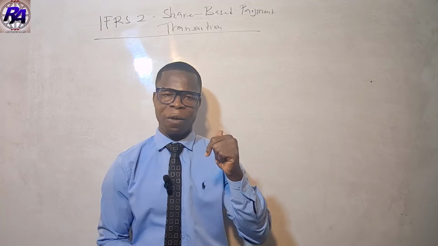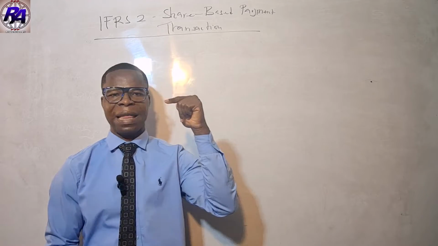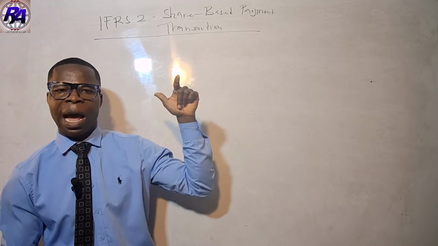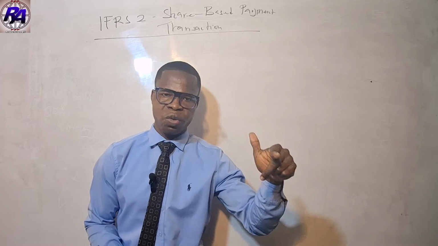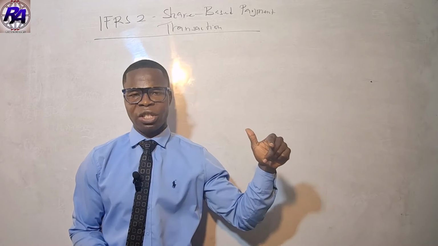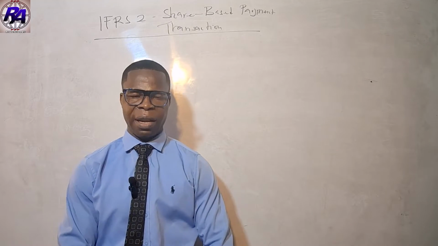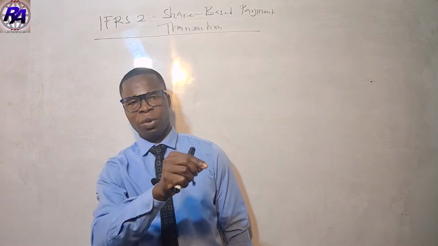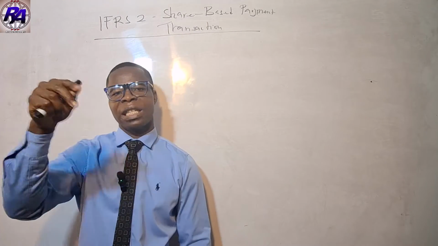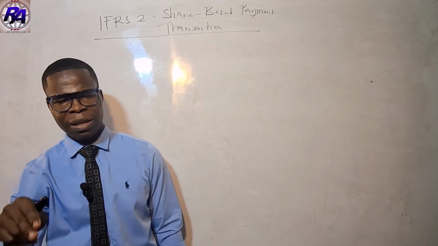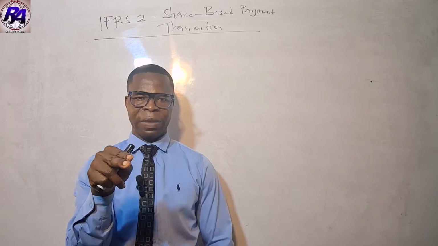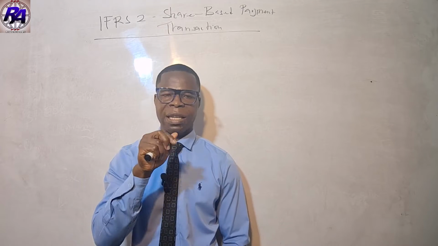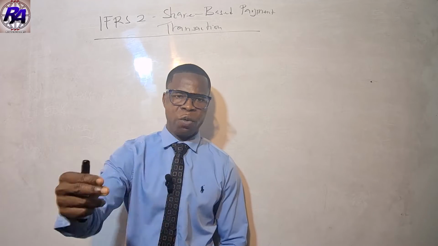So first, before we go to the scope, we are going to look at the definition of share-based payment transaction. I also mentioned two key terms in my introduction: when an entity issues to the employee an equity instrument and share option. So in this standard, we have to establish the meaning of equity instrument and share option, and I'll explain that before we go to the scope.